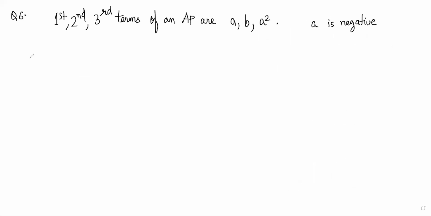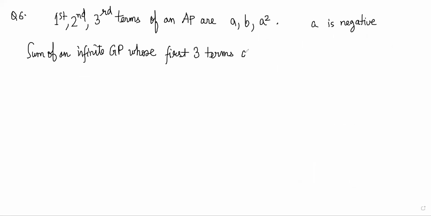Then the sum of an infinite GP whose first three terms are A square, and B is what?